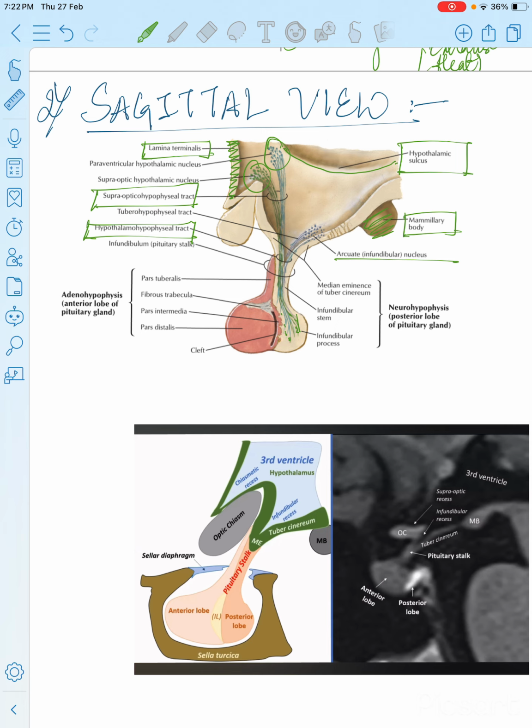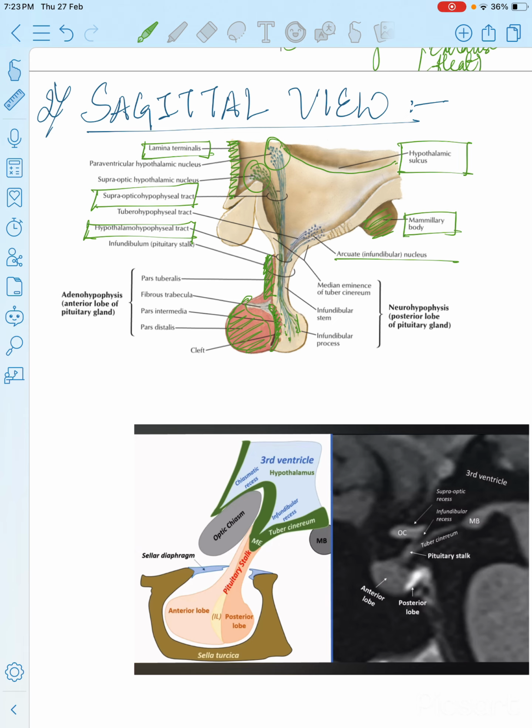Pituitary is made up of, anterior pituitary is basically made up of three parts. The first part here is the pars tuberalis, the thin rim of stalk of pituitary. Present between the anterior and posterior pituitary is the pars intermedia, and the much more predominant part is the pars distalis.